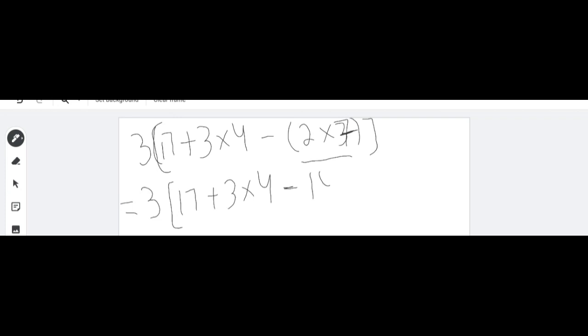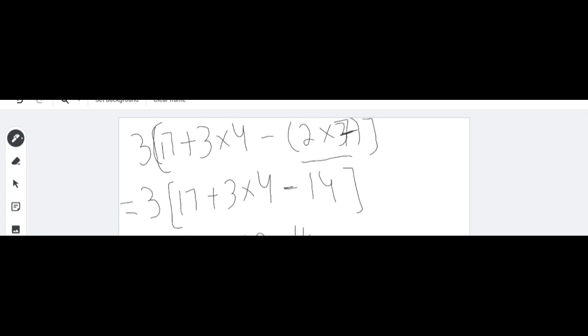14. अब ये सारी एक्सप्रेशन किस में आ गई है? स्क्वायर ब्रैकेट में. Inside the square bracket we have to follow which rule? The BODMAS rule. So first operation we will solve here: 3 multiplied by 4. Answer is 12. 12 minus 14.